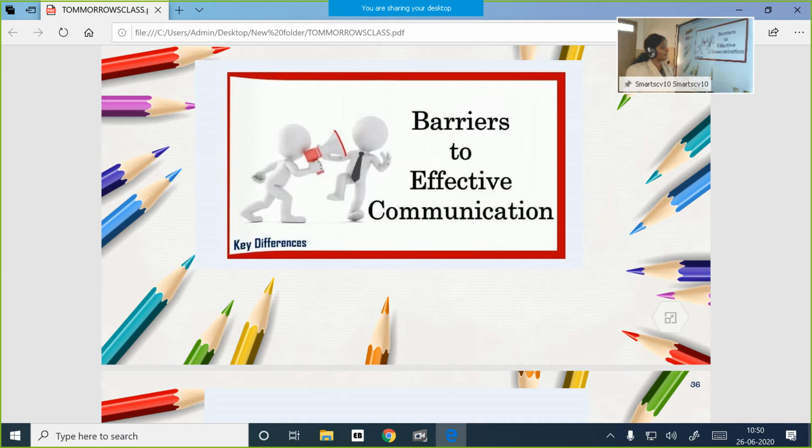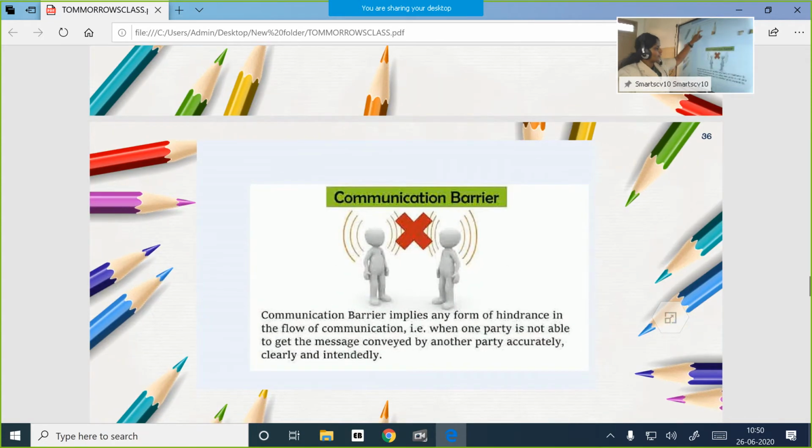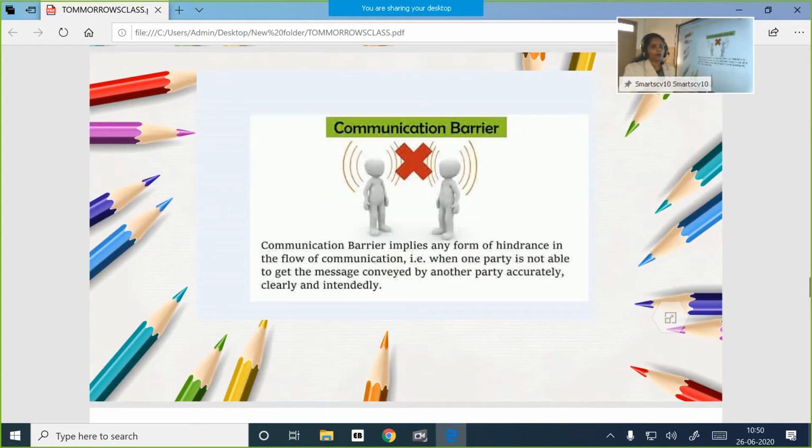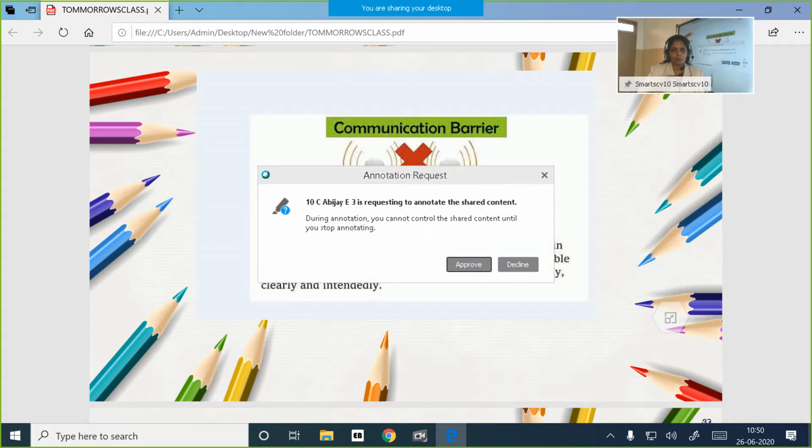Let us start with communication barriers. What are communication barriers? When you start talking to another person, if there is any hindrance, that causes what is called a communication barrier. Suppose certain people have a stammer.